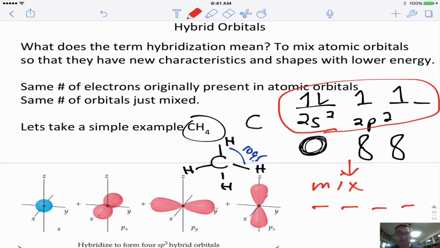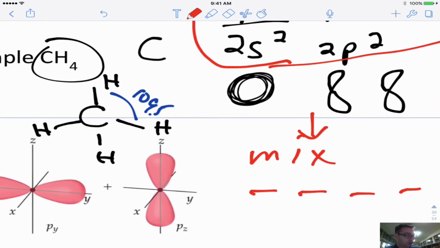Well, I used a single s orbital, and I used my 3 p orbitals, so that gives me 4 new orbitals, and those orbitals are called sp3.